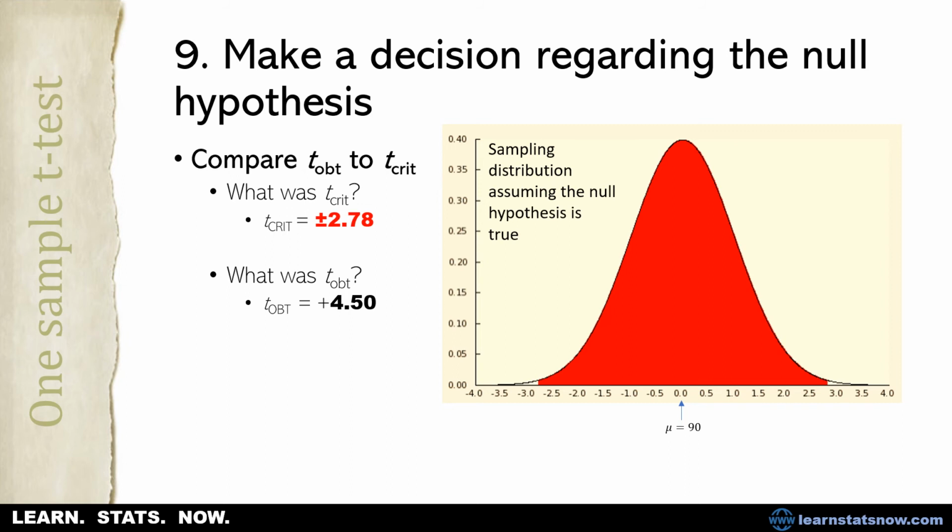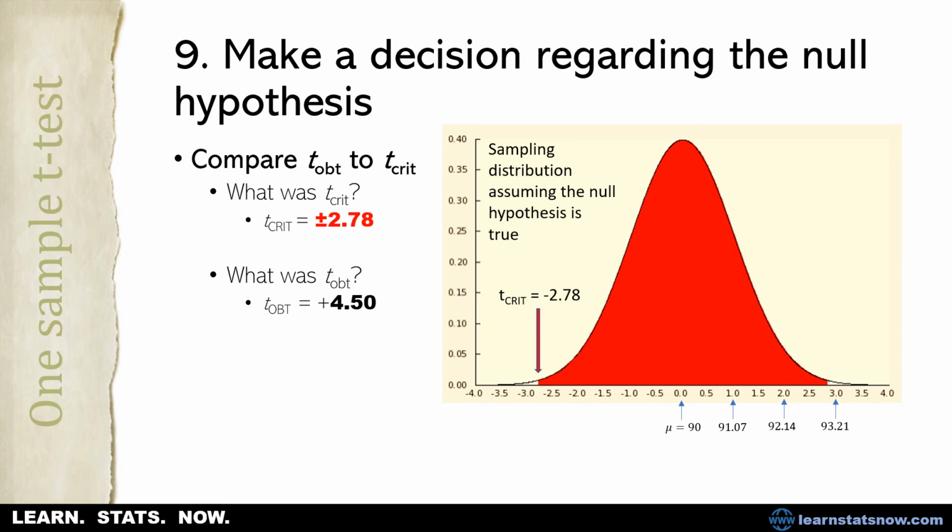So if we added one estimated standard error, that becomes 91.07. We do it again, it becomes 92.14. We do it again, 93.21. So a value of 93.21 is 3 standard errors from the mean of the population when we're assuming the null hypothesis to be true, that the population mean should be 90.